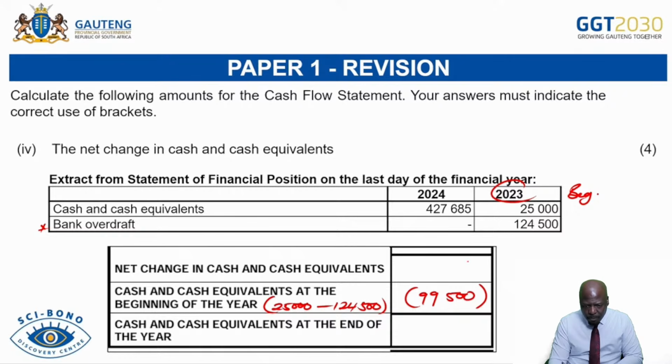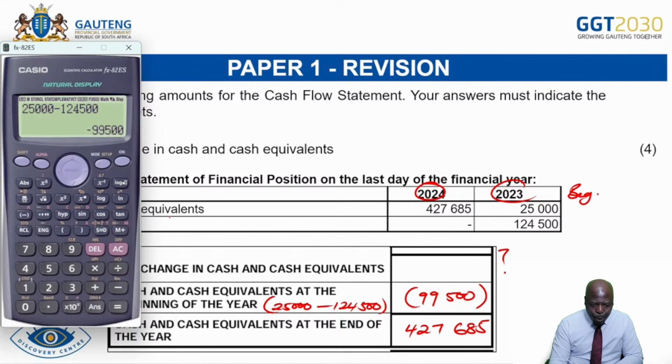And then I am given in 2024 now, that is at the end, I'm given 427,685. So what I need to get is that one there at the top. So on your calculator, you should be able to do calculations from the bottom. That is 427,685.